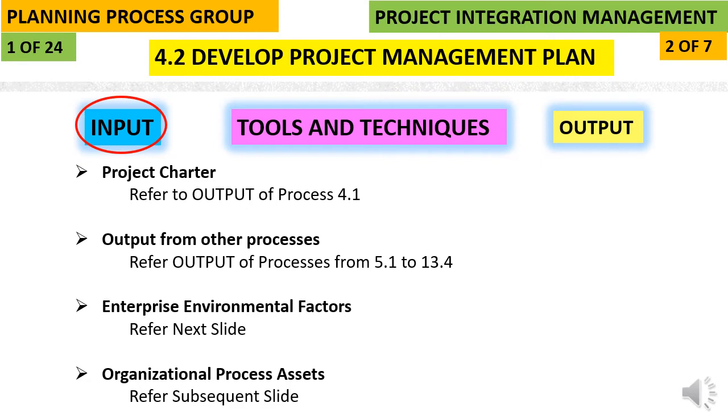The second input is the output from other processes. There are many other processes which will be executed from the next knowledge area through the other 9 knowledge areas. Those process outputs will be integrated to create the project management plan.